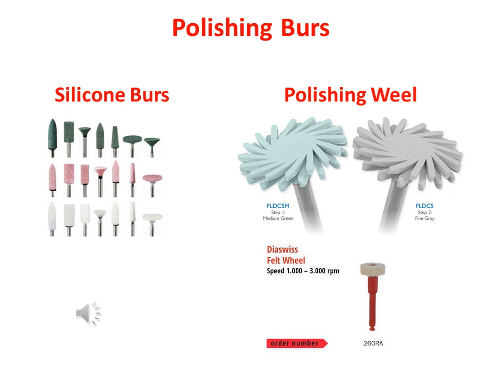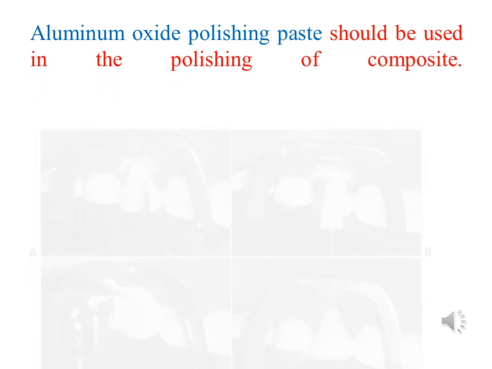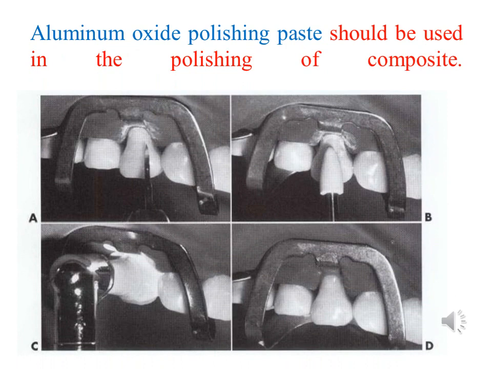All these types of burrs and wheels are used for polishing the composite restoration. Aluminum oxide polishing paste should be used in the polishing of composite to obtain smooth, glistening surfaces of the composite restoration.